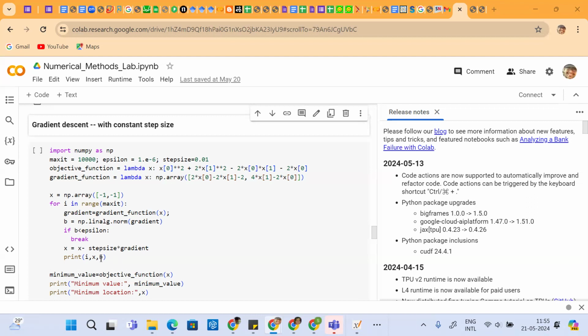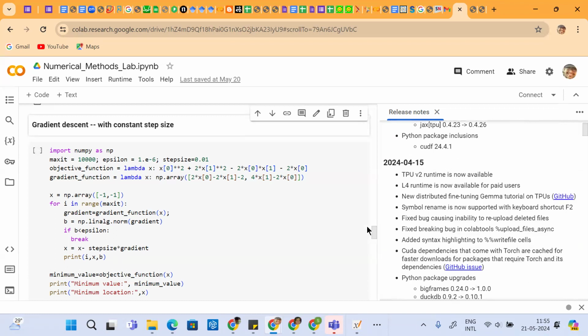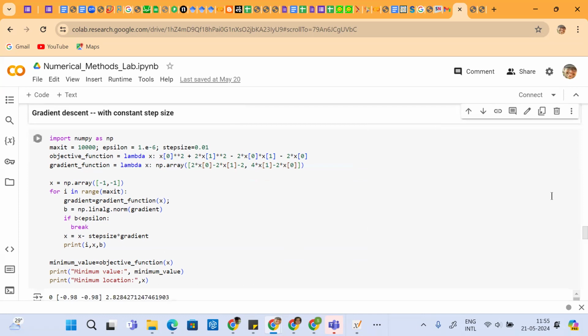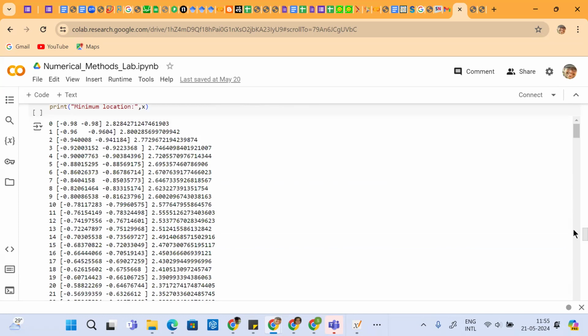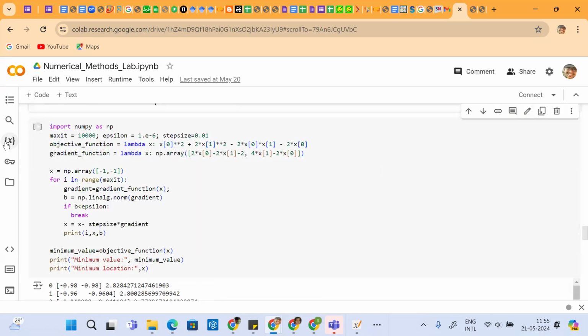So far clear? So that's a very simple algorithm of gradient descent with just constant step size.